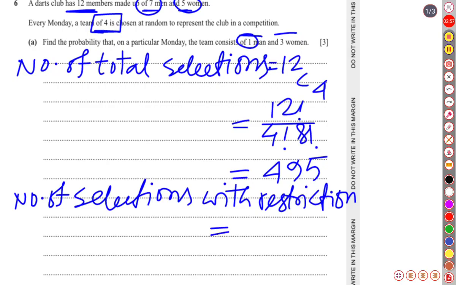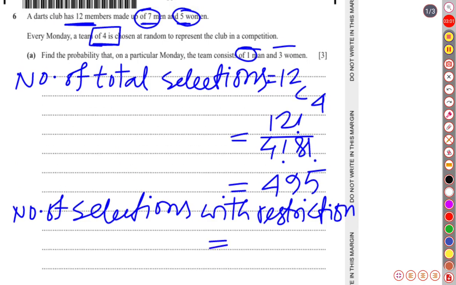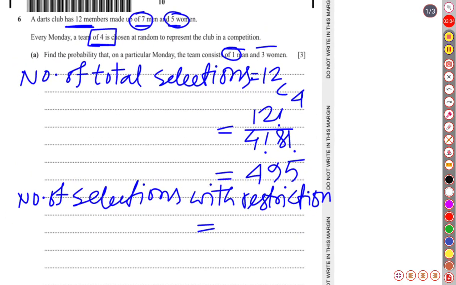First of all, we will have to choose 1 from 7 men. Look at this, it is written total number of men is 7. From 7 we are going to choose 1, 7 choose 1, and out of 5 women, we are going to choose 3 women. So 5 choose 3.